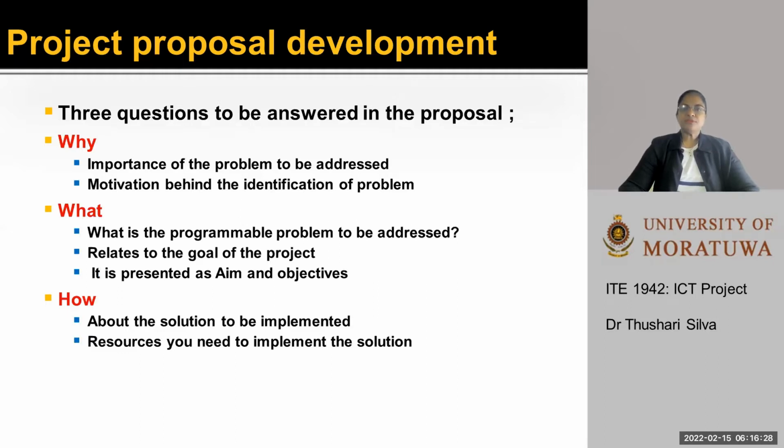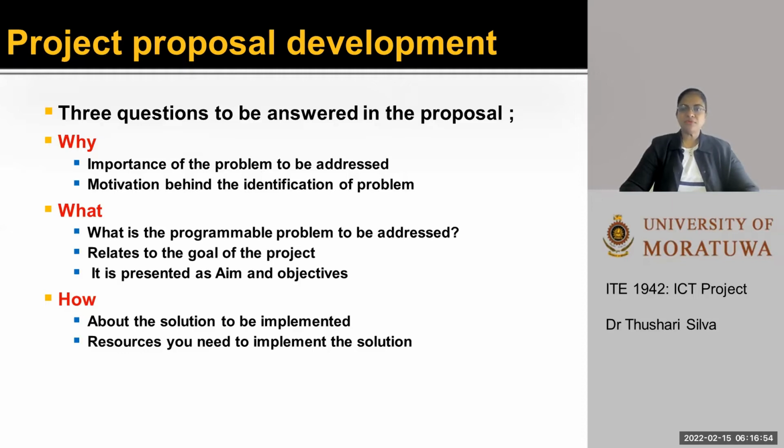Project proposal development basically involves identifying three major components. The first thing is why. If you can answer the question, why are you doing this project? That's sufficient for you to develop the importance or the background and motivation section of the proposal. So the question you have to ask yourself: why am I doing this project?